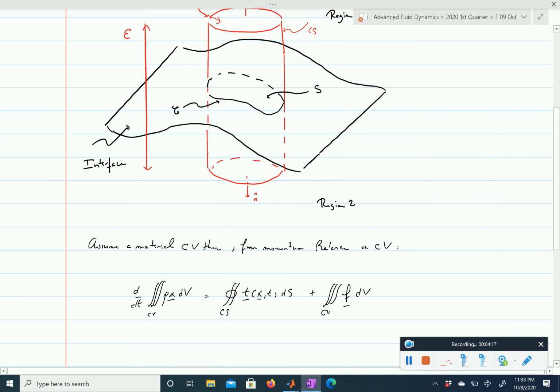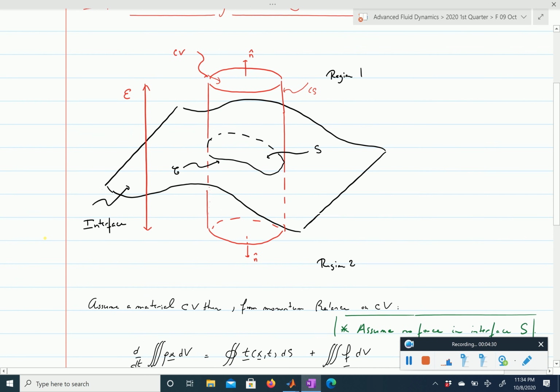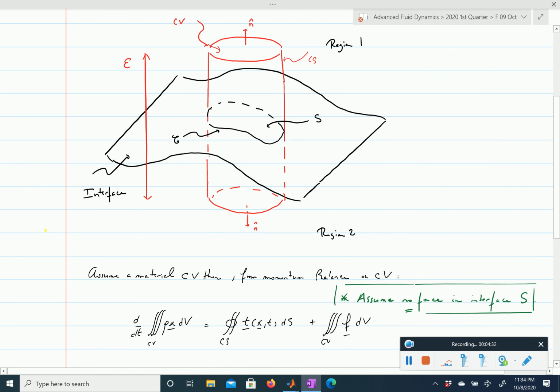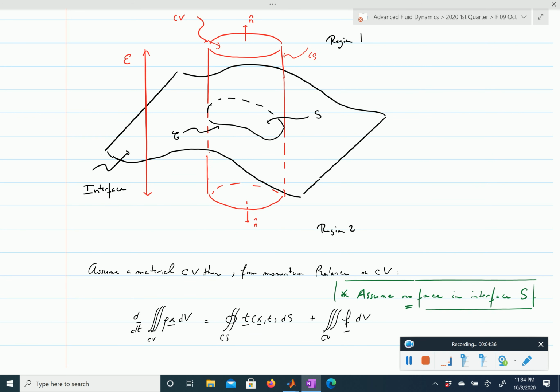But let me just make that clear here. We assume first no forces in the interface. You'll see that later on we will assume that there are forces inside of the interface, and that's when we discuss surface tension and capillarity. But for now, let's assume that there are no forces inside of the interface.